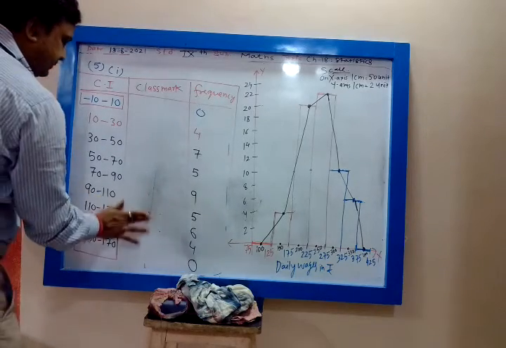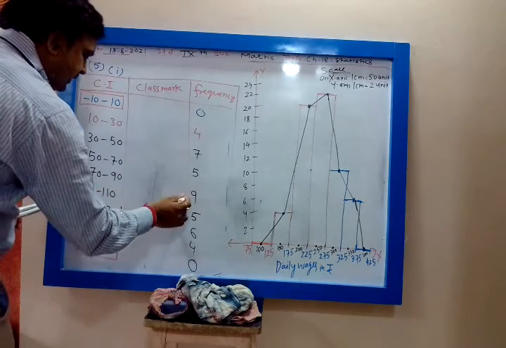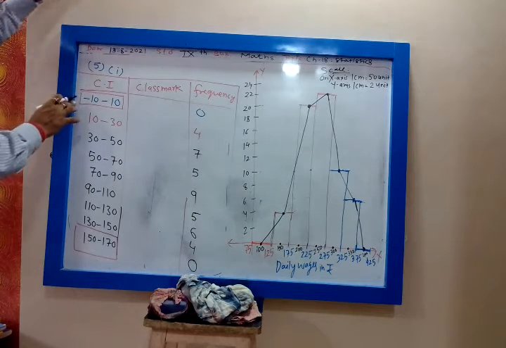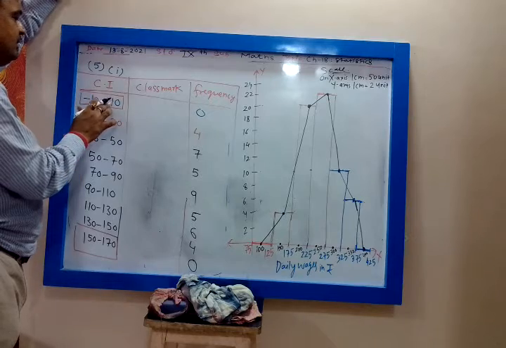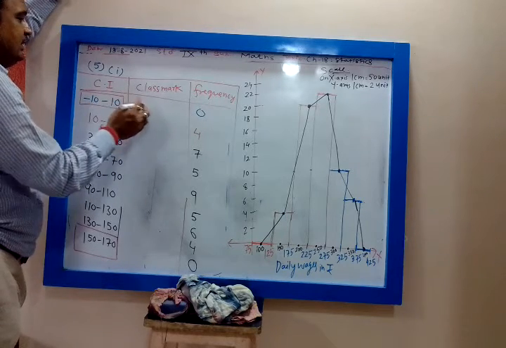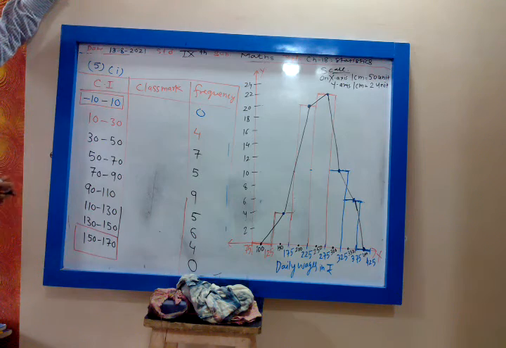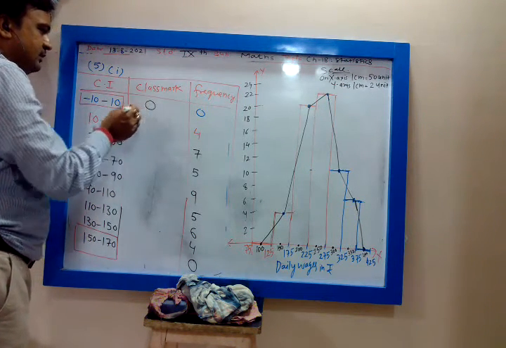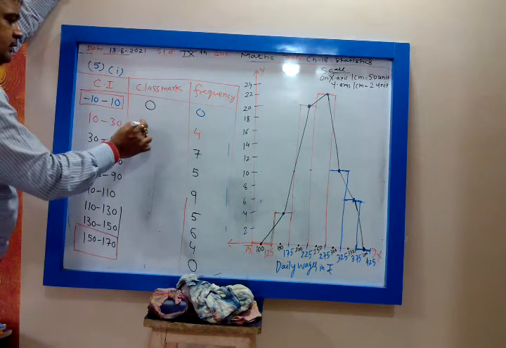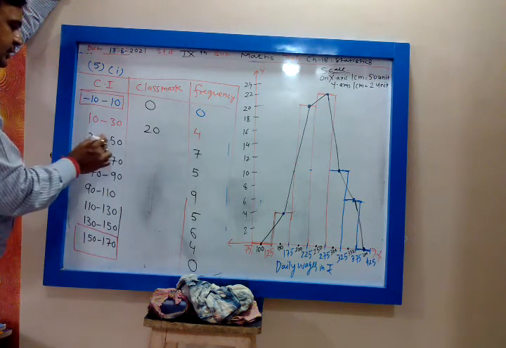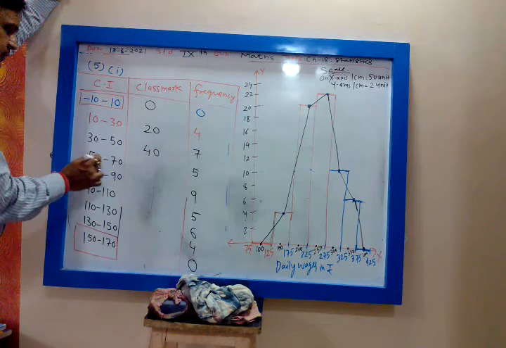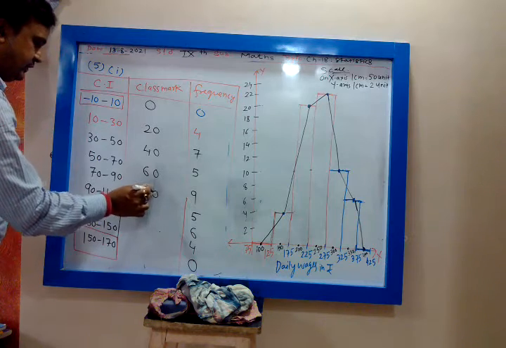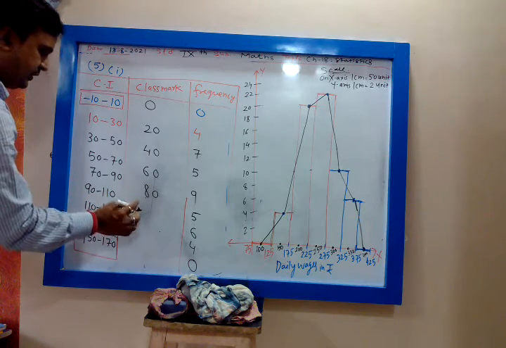Now find the class mark. How is it 0? Minus 10 to plus 10: lower limit plus upper limit, divided by 2, gives class mark 0. 10 to 30, 20. 30 to 50, 40. 50 to 70, 60. 70 to 90, 80. 90 to 110, 100.